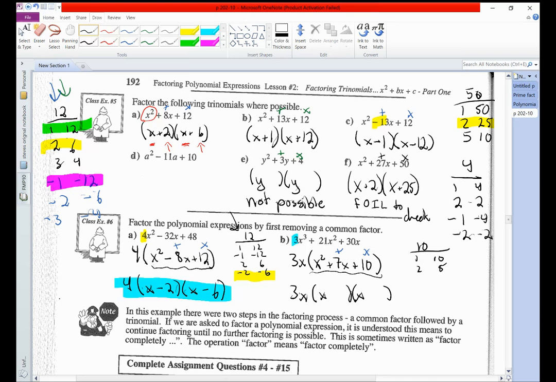And 2 plus 5 equals 7. So 3x multiplied by x plus 2 and multiplied by x plus 5. That is our answer. And you can double check that if you want to by foiling those two brackets and then multiplying that 3x through to see if it ends up looking like that.